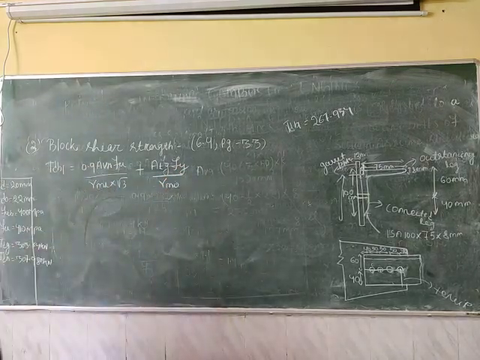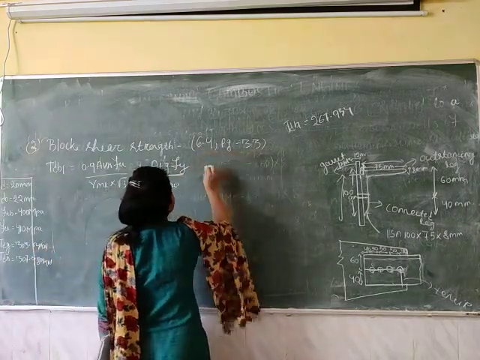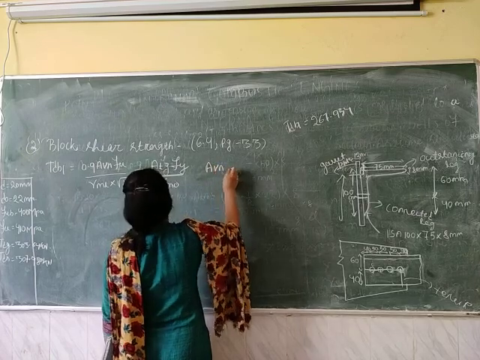Here the unknown things are AVN and ATG.